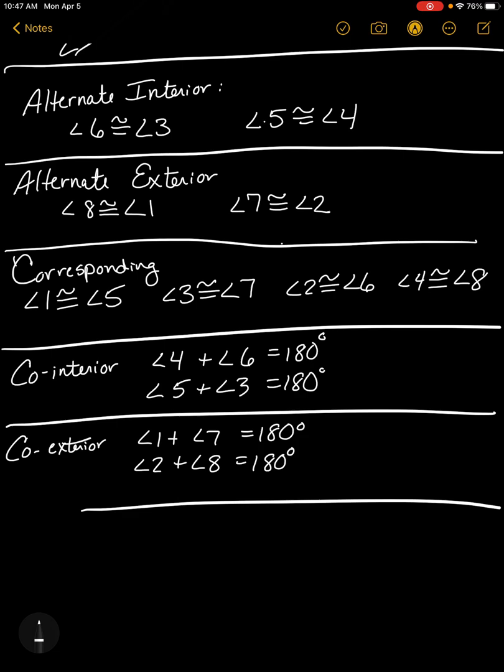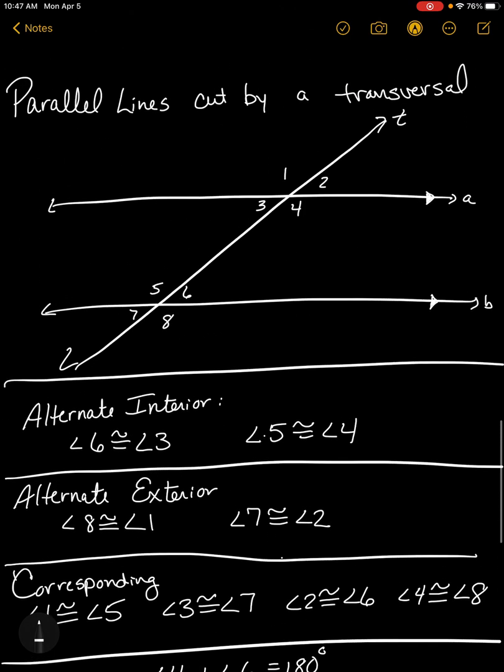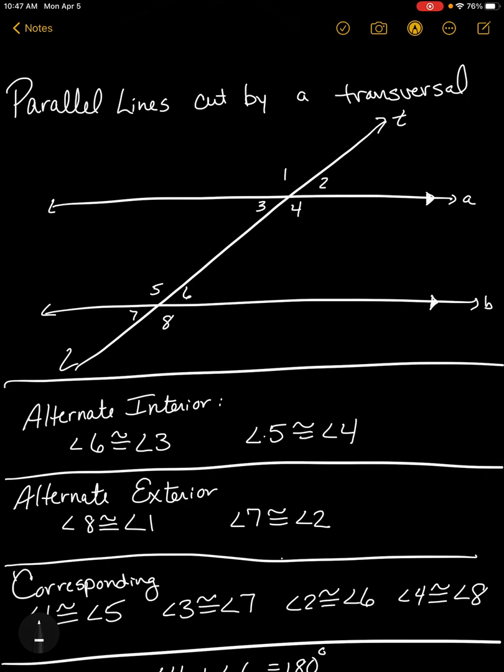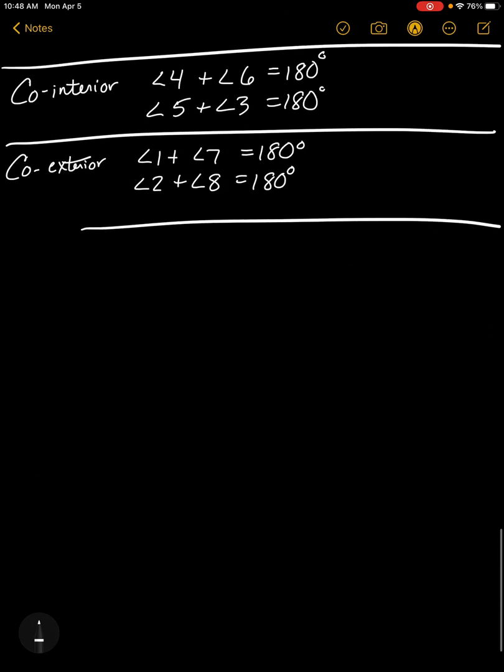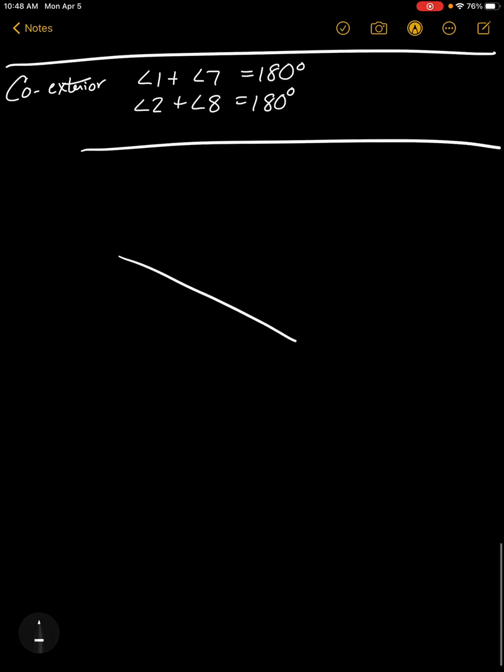And so a lot of the questions that they're going to use are just asking you what kind of pairs they are. Okay, so if they ask you, give me a pair of alternate exterior angles, then you might say 1 and 8. Okay, the problem is that with this particular book, they're going to make things that kind of look like this, where they're not going to look necessarily very nice.